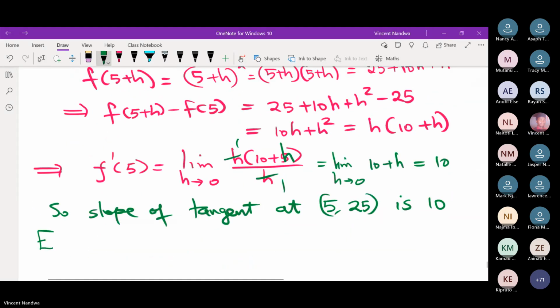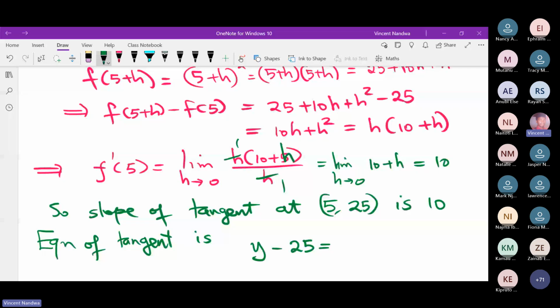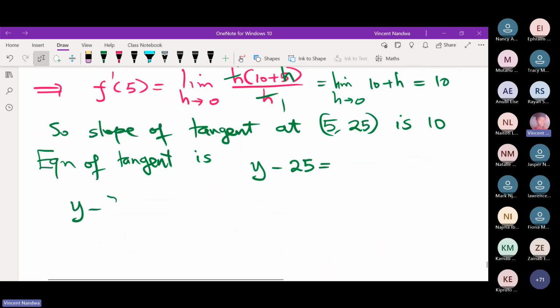So the equation of the tangent is given by y minus 25 equals... Remember we said that if you want to find the tangent at the point x naught, f of x naught, then the equation is given by y minus f of x naught equals f prime at x naught into x minus x naught.